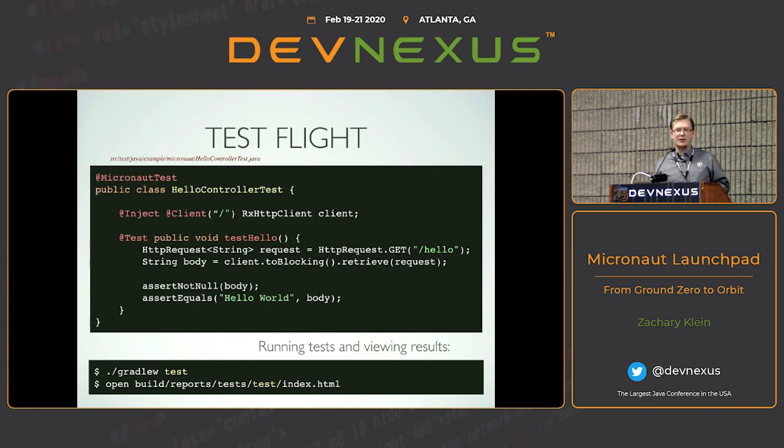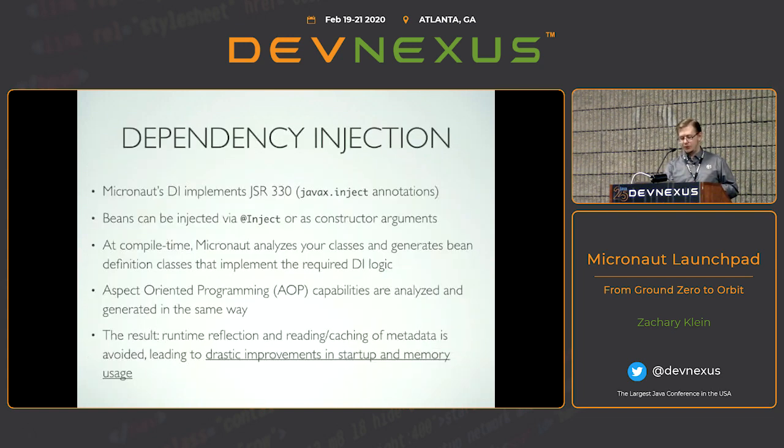And because of Micronaut's low startup time, that happens in about as long as you expect for a unit test. But it's actually more properly an integration test. Now, of course, you can still write unit tests with Micronaut, and that's perfectly advisable. But this is a simple example of how you can create a test that actually starts up your application, makes requests against the real running app, and you can then assert the results.